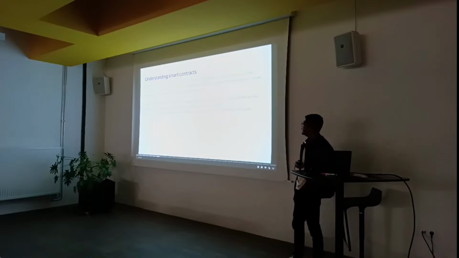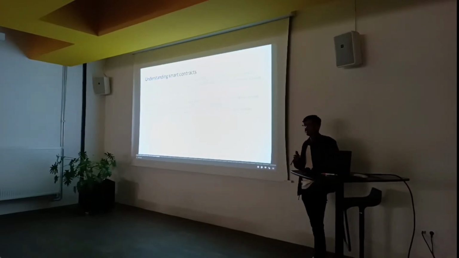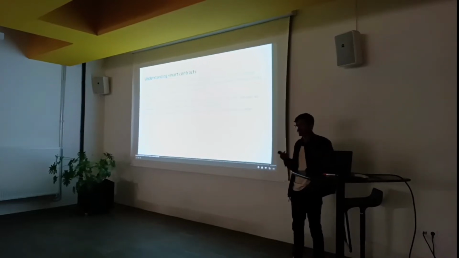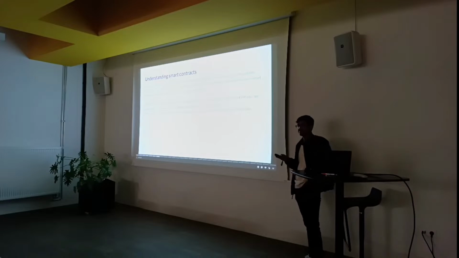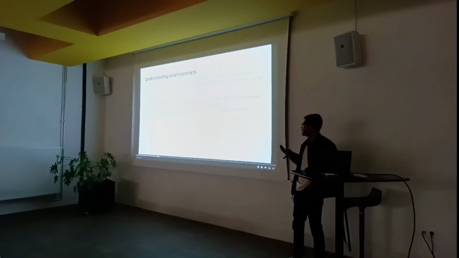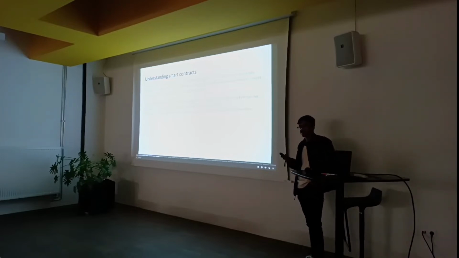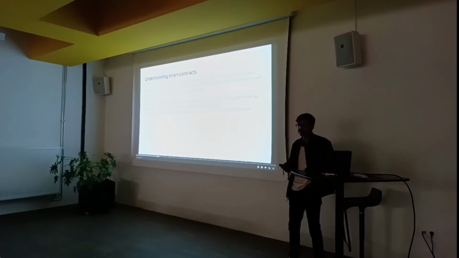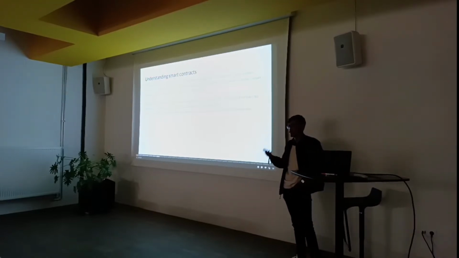But what makes the EVM special is that the EVM doesn't distinguish smart contracts from externally owned accounts, which are basically like the wallets that you make on MetaMask, right, which have private keys. From an EVM perspective, an EOA is exactly the same as a smart contract, with one fundamental distinction: a smart contract cannot send transactions, which means that every transaction needs to be initiated by an externally owned account.